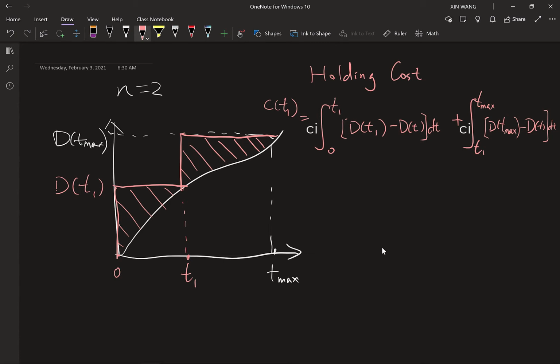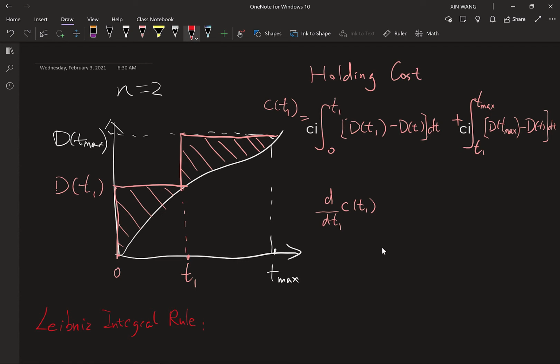This is a continuous function. The first step we can do is to find the first order condition, so we calculate the derivative. Notice that this is a derivative of integrals. To calculate the derivative of the integrals, we will review the Leibniz integral rule.